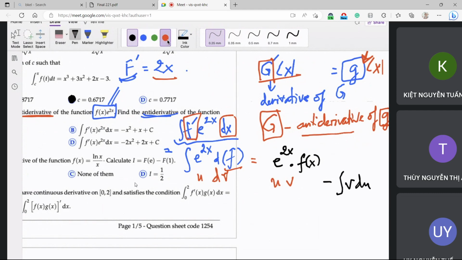So what is v? V here is f, right? The integral of f times du. So what is du?